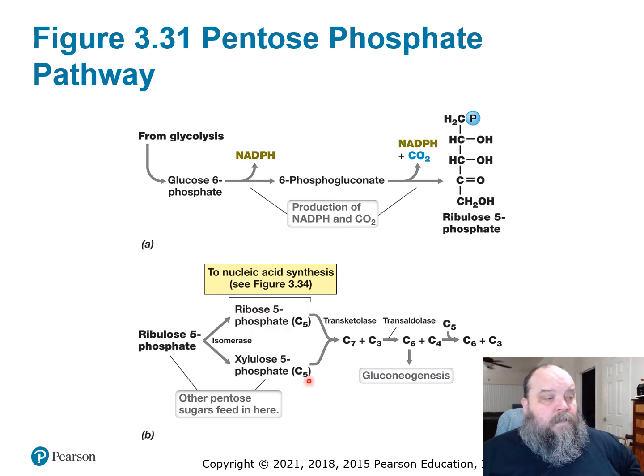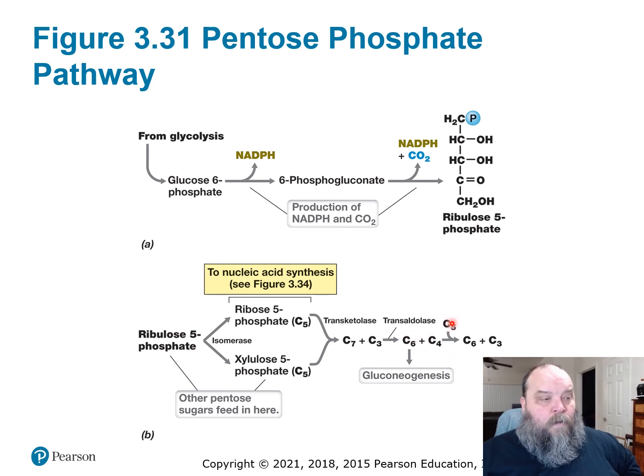You take a couple of these and you link them together. You get a 10 carbon thing that you can then start breaking up. Here's a 7 carbon and a 3 carbon, still 10 total. You then rearrange, swap things around. You end up with a 6 carbon strand, which you then kick over to that glucose making, gluconeogenesis.